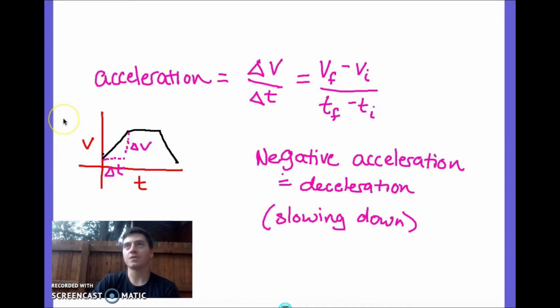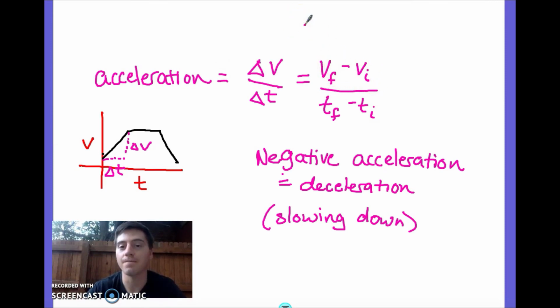So if I was going 30 miles an hour and then a kid chased a ball into the street in front of me, I would want to go from 30 miles an hour to 0 as fast as I could to keep from hitting this kid. That is a deceleration. That would show up as a negative acceleration because of your final minus your initial.